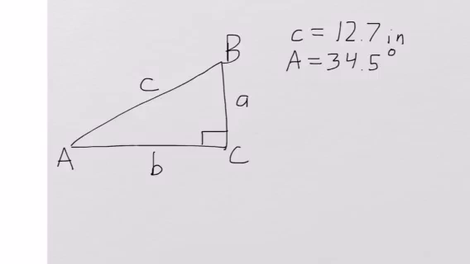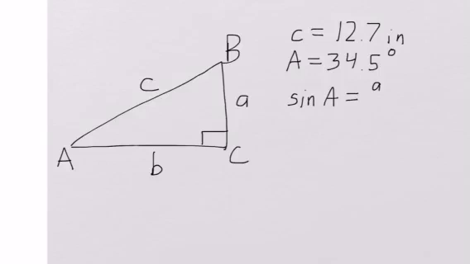Now, due to the fact that we could get some round-off error, maybe miscalculate something, and then that'll propagate through the entire problem, we always want to work with what's given to us as much as possible. So one thing that we know is that the sine of angle A is equal to the opposite over the hypotenuse.